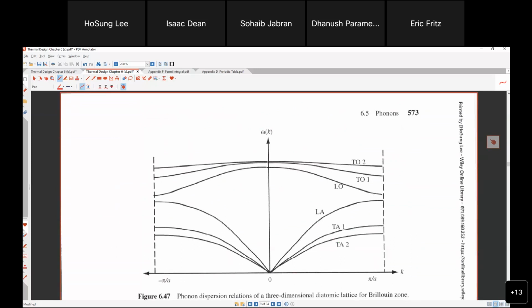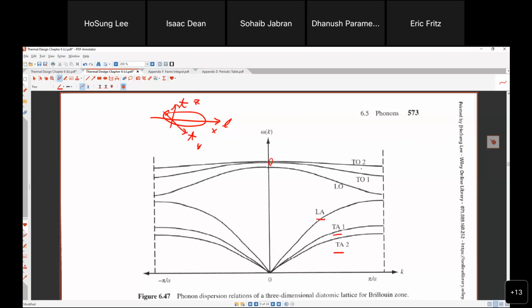I told you if you look at this, this is longitudinal, and there are two. So longitudinal, x, y, z direction is something like that. So two transversal and one longitudinal.